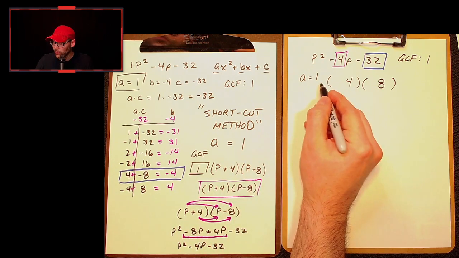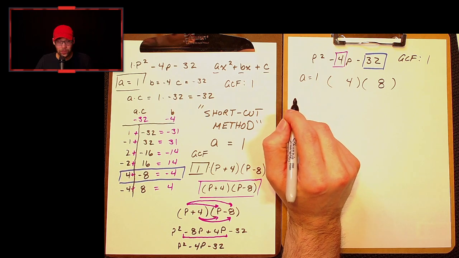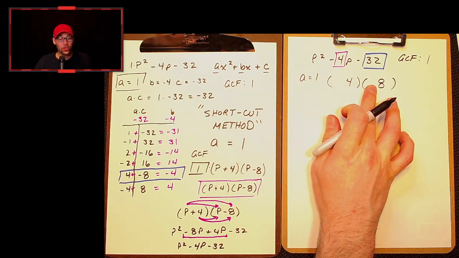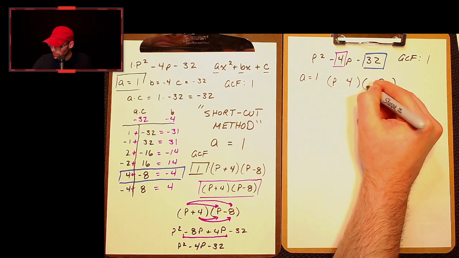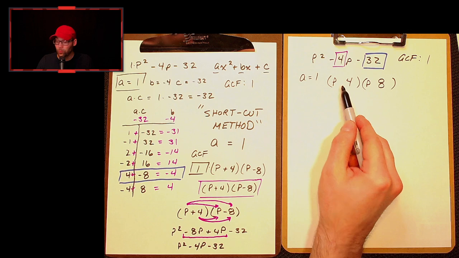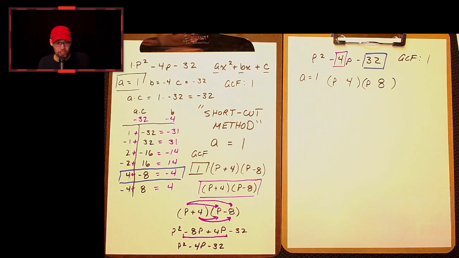Any greatest common factor would really be out front. But now all we need to do is take the variable we are using in the problem and put it out front. The last thing we need to do is come up with the signs that we need. This is how this works and can save you some time.